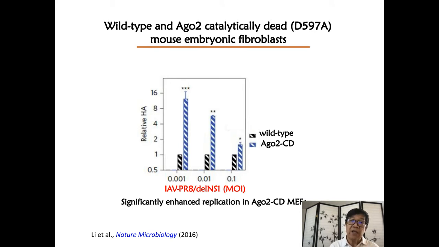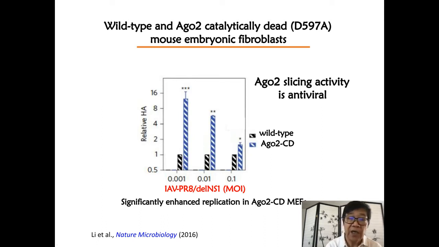You can see the mutant virus replicated to significantly higher levels in the catalytic dead cells compared to wild-type cells, using each of the three MOIs, the inoculation concentrations. So this indicates that AGO2 slicing activity is antiviral against the influenza A mutant virus.